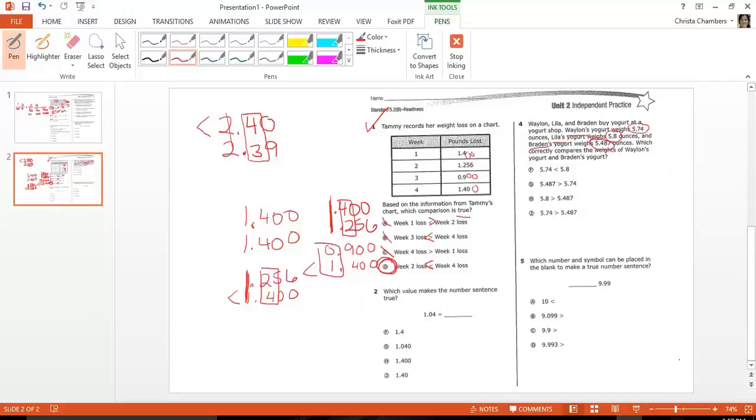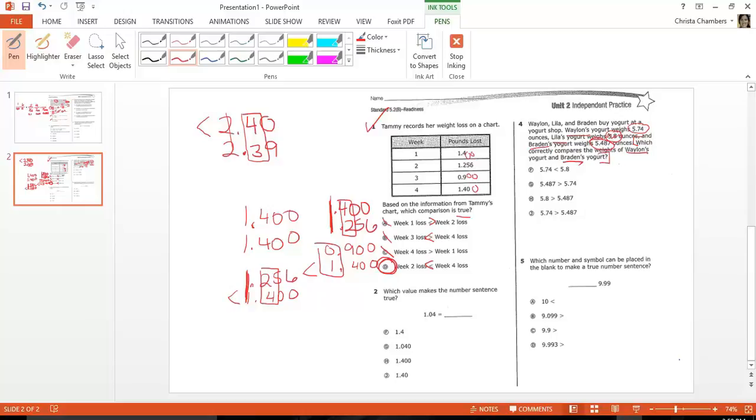Which correctly compares the weights of Waylon's yogurt and Braden's yogurt? Okay, so there's some extra information here. Whose is the extra? Right, Lila. We don't care about Lila. It just asked about Waylon and Braden. So I'm going to mark Lila out.